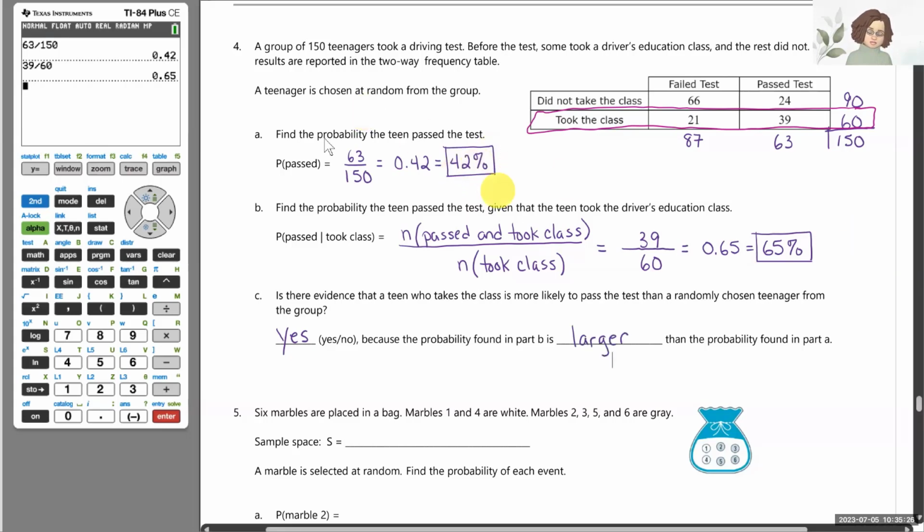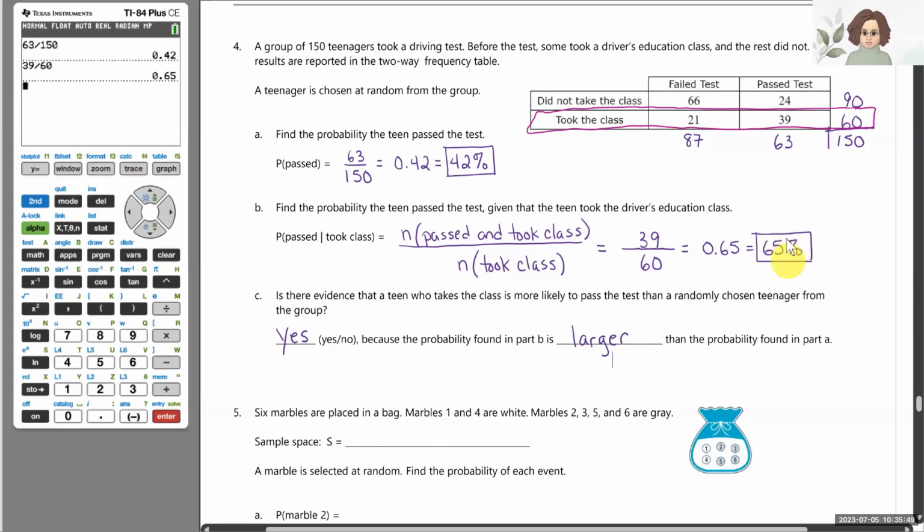Now, what we don't address here is how do you draw a conclusion based on how big a difference that is. So we don't really get into that yet. I'm just going to use a little bit of subjectivity and just my opinion here that I do think that seems like a big enough jump to convince me that driver's ed is helpful.